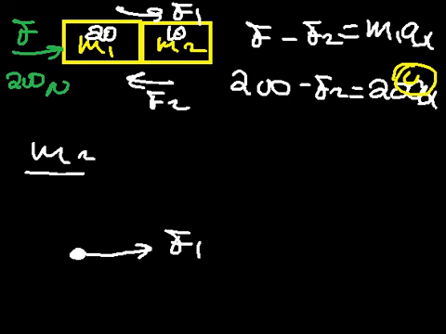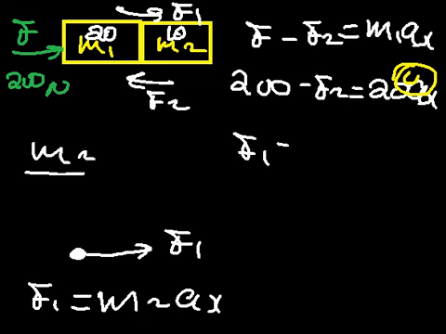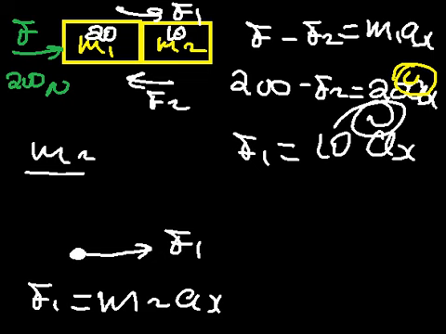According to Newton's second law of motion, that is the only force responsible for the motion. So F1 is given as, now what is F1? It is 10 times acceleration. This is equation number 2.